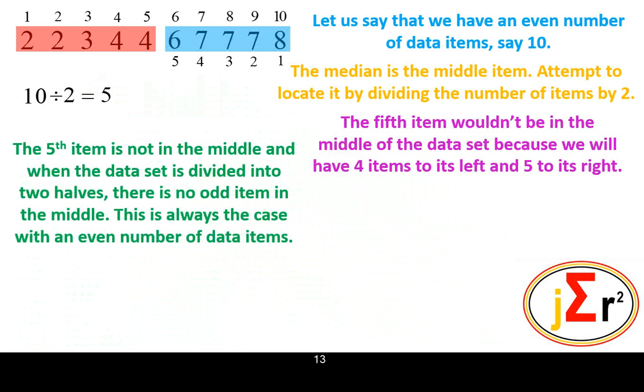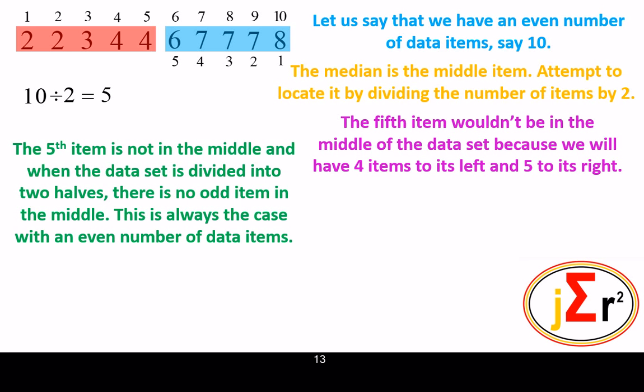If so be the case, what will happen? The 5th item is not in the middle, and when the data set is divided into 2 halves, there is no odd item in the middle. This is always the case with an even number of data items. So when we have an even number of data items, we divide that number by 2.